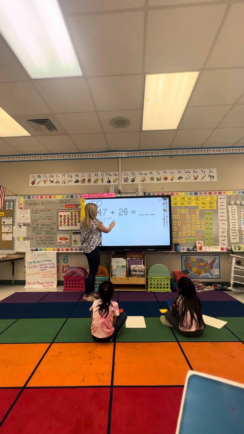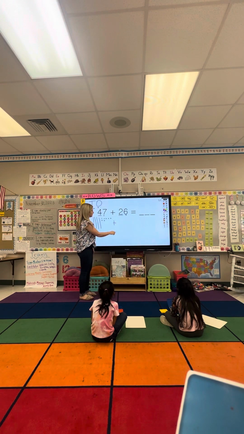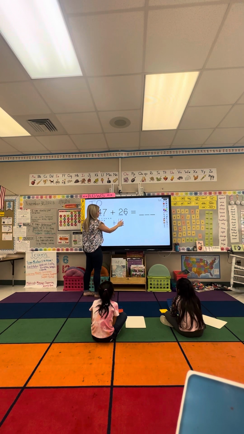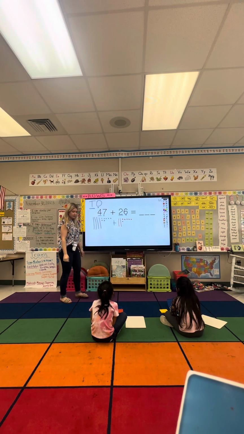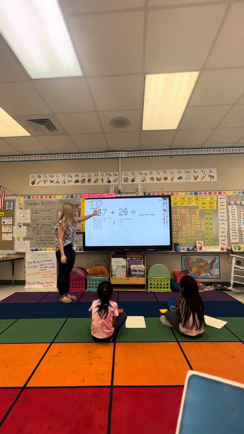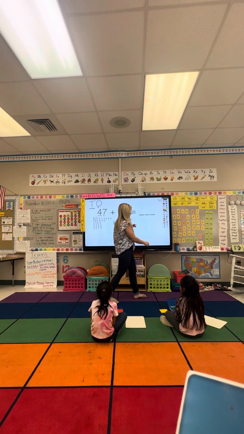All right, now plus 26. We can use a different color. So I have 2 tens, 10, 20, and 6 ones. 1, 2, 3, 4, 5, 6. Perfect. Now I've represented each number using 10 rods and 1 cubes.